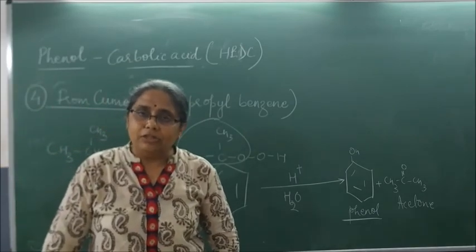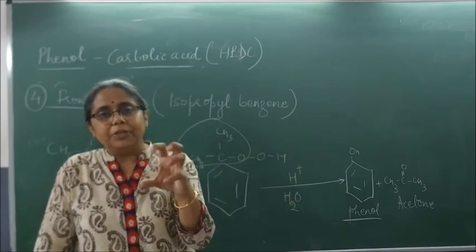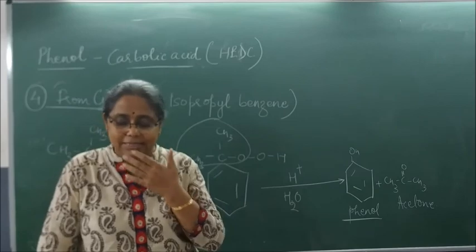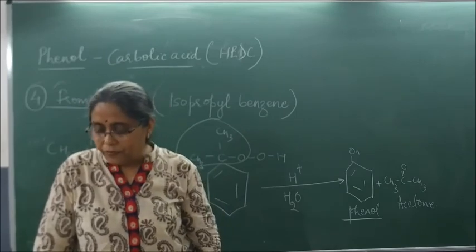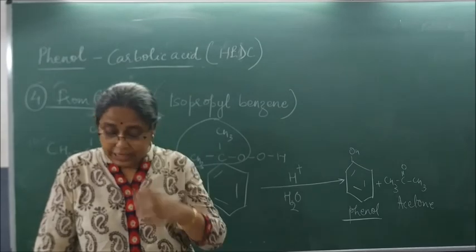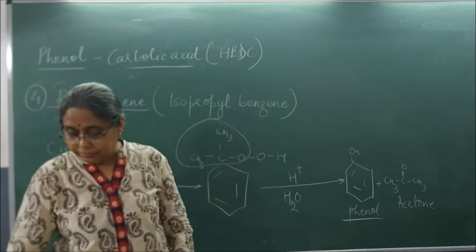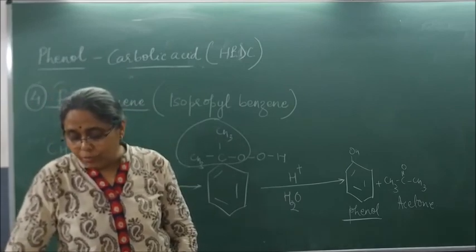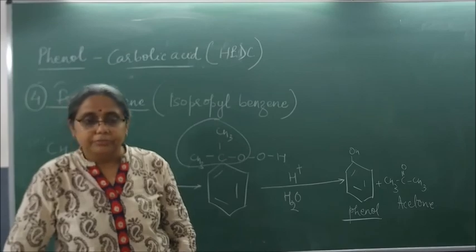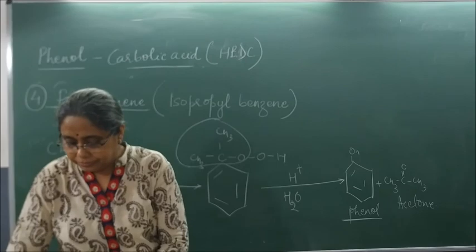So naphthalene is removed because, when it is cooled, naphthalene gets solidified and crystallizes out. Then write, it is treated with sulfuric acid to remove pyridine and then treated with NaOH.